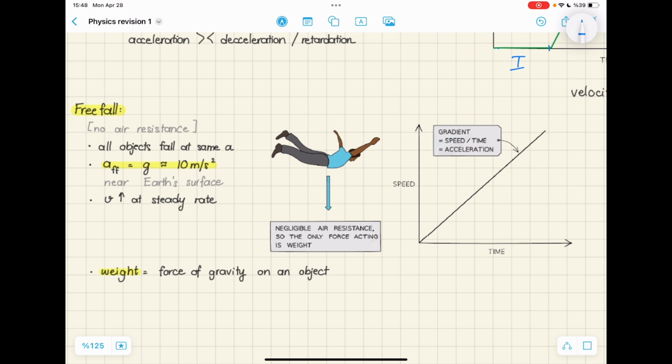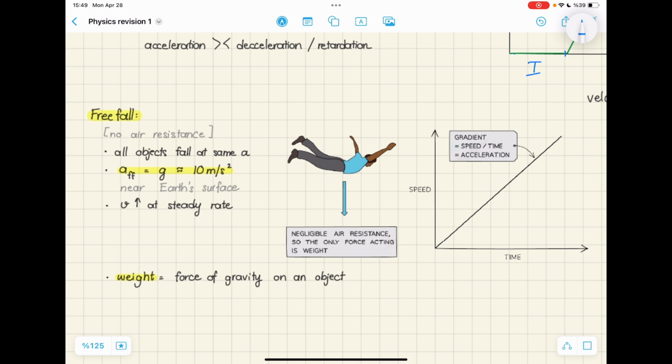We also talked in our classes about terminal velocity, in which after a certain point air resistance and weight even out, and then the body is from that point on just falling at a constant speed. But in this case, we are just talking about downward motion and basically just being constantly accelerated with an acceleration of 10 meters over second square.